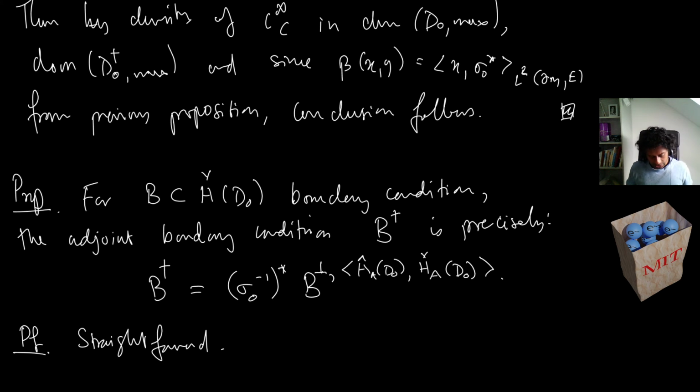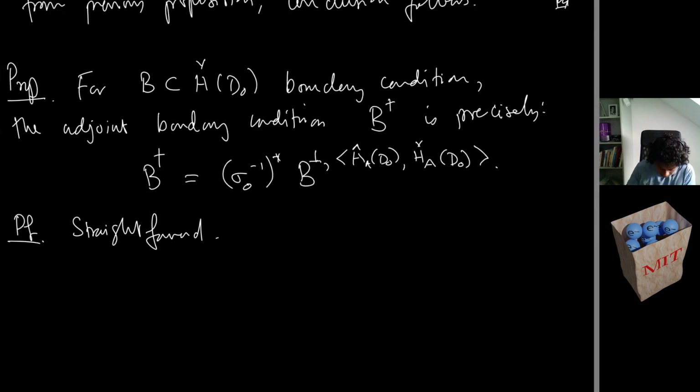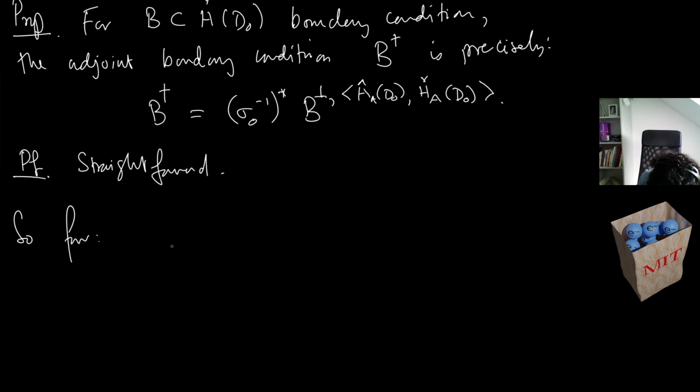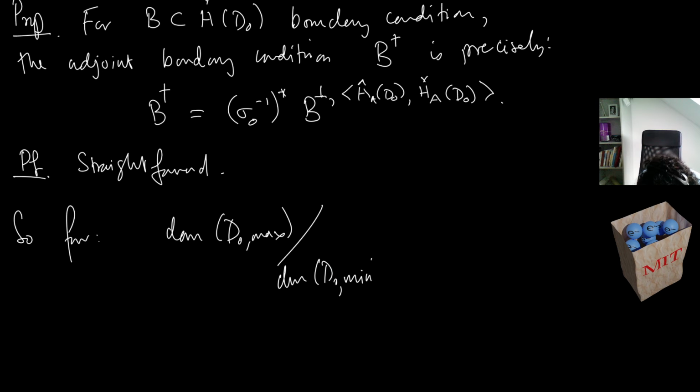So I just want to really emphasize again that we have reduced the study of what we had before. So let me just say this again. So far we have that dom D naught max mod out dom D naught min is Banach space isomorphic to this space A D naught.